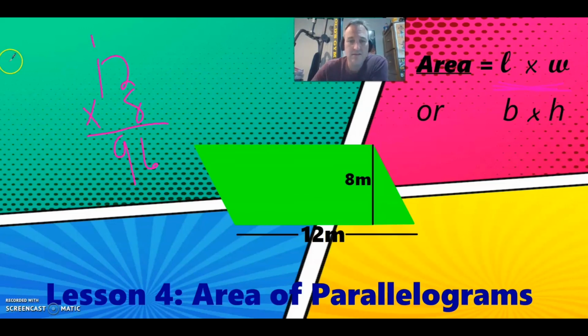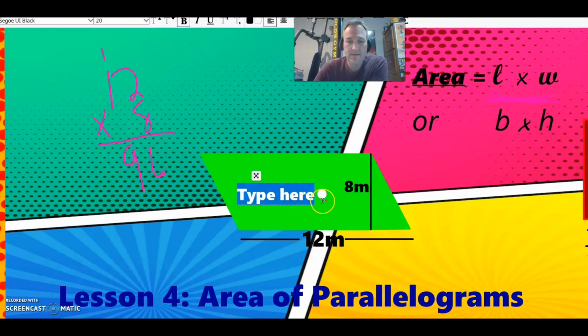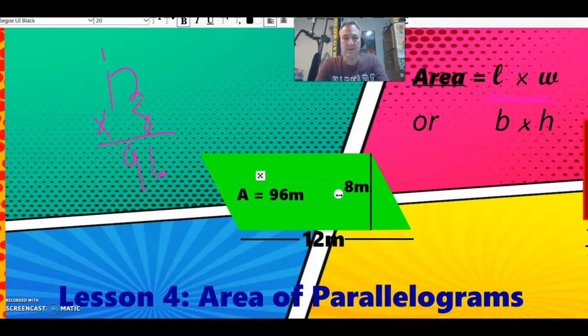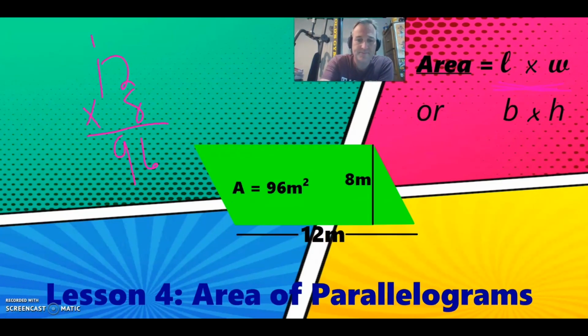So the area is 96, and we'll type it here. Put it right inside here. We'll say area equals 96 meters, and then I can put a squared sign on there because remember, area is always squared, and I like to circle my answer. Easy to see.